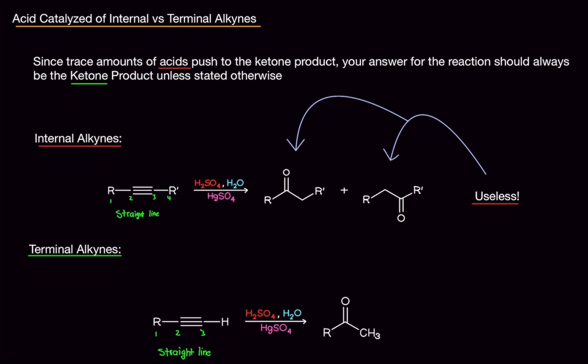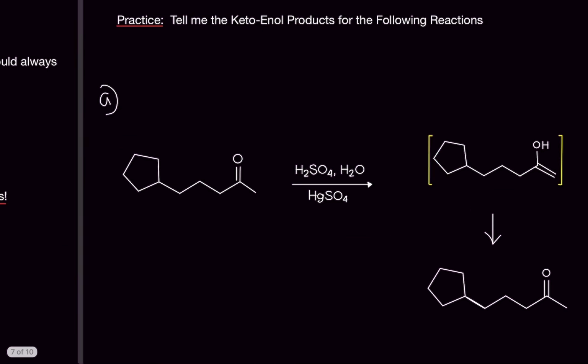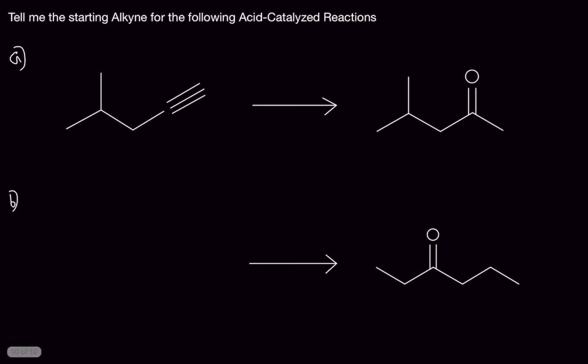If they are symmetrical, we will have 1 answer. Well, look at this. There's only 1 answer. So we know that the alkyne that it starts from, our internal alkyne, must be symmetrical.